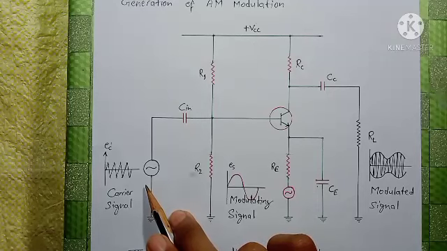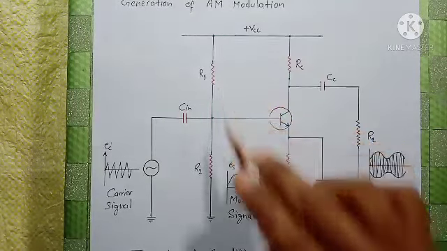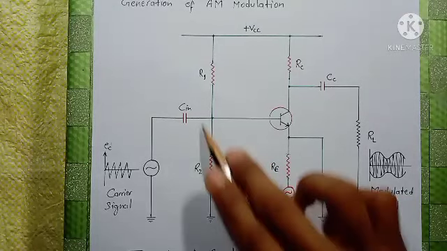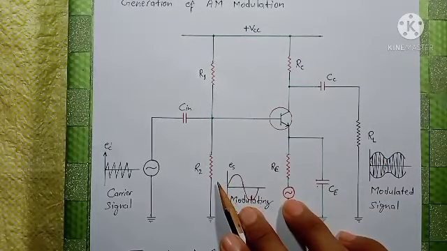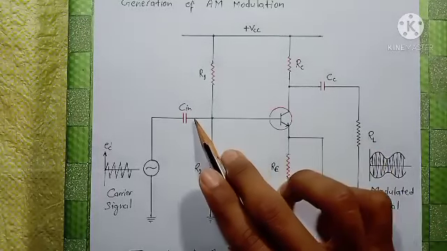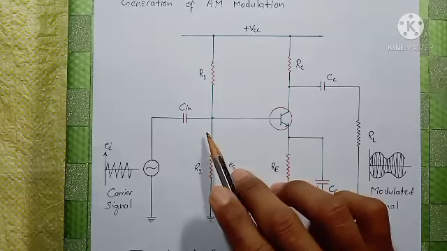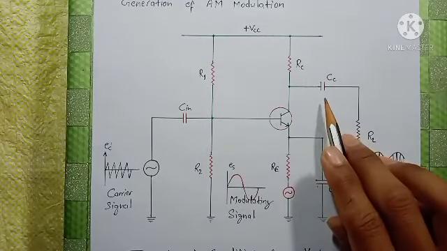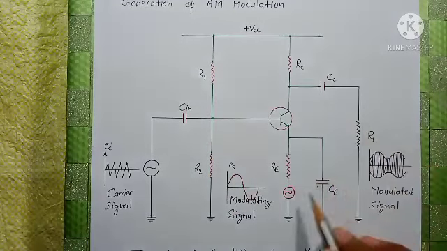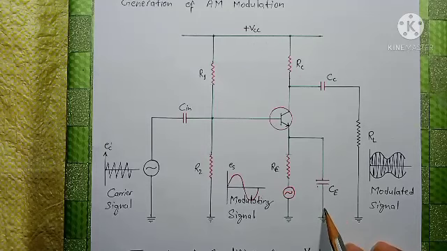We have two resistances here, R1 and R2, and these are the voltage divider resistances of this circuit. Cin is the input coupling capacitor, and Cc is the output coupling capacitor, and Ce is the bypass capacitor to bypass the signal current to the ground.